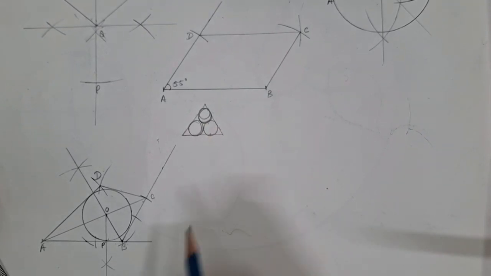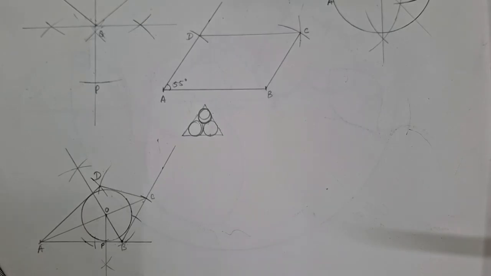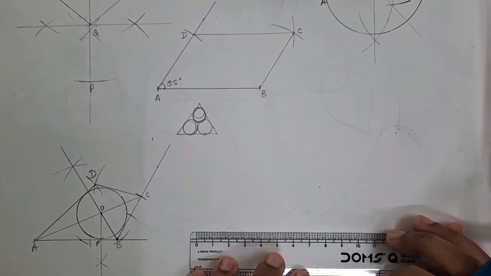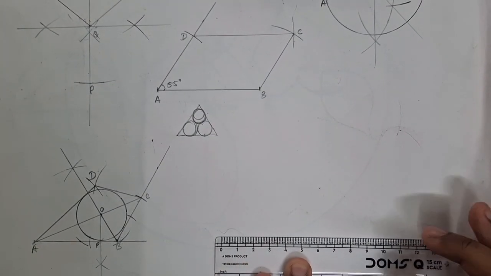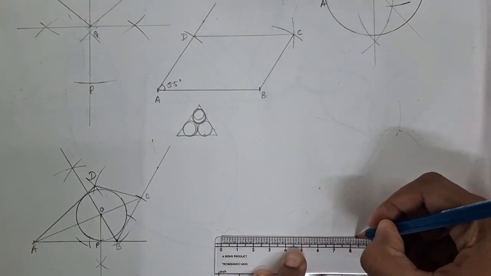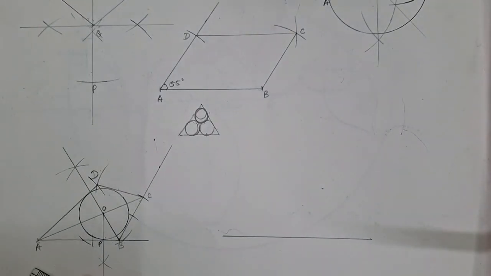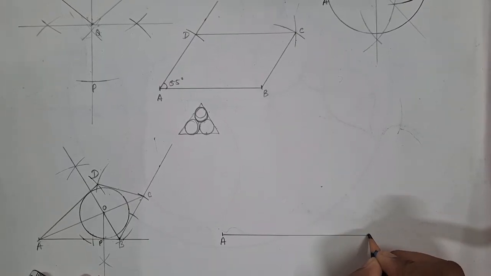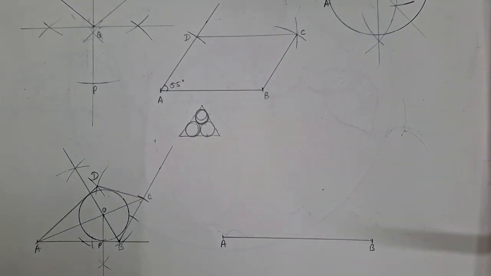Okay, so let's construct. Here they have given the equilateral triangle with side 9 cm. So I'm making the base of the triangle of 9 cm first. An equilateral triangle is a triangle with all the sides same length. Let's name this as AB.